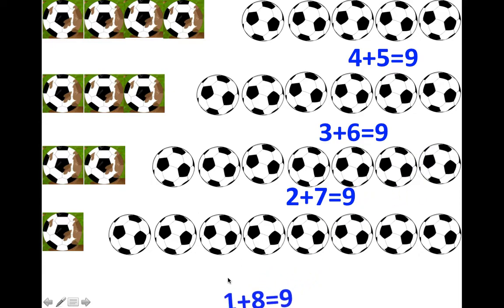The last one, 1 plus 8 equals 9. So let's count to make sure we have 9 altogether. 1, 2, 3, 4, 5, 6, 7, 8, and 9. So 1 muddy soccer ball plus 8 clean soccer balls equals 9 soccer balls altogether.